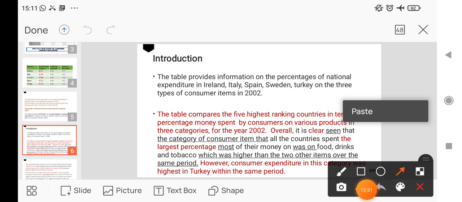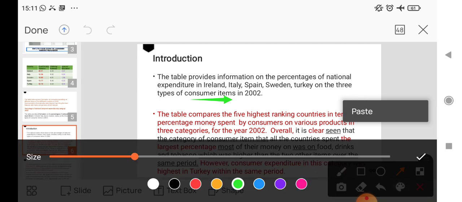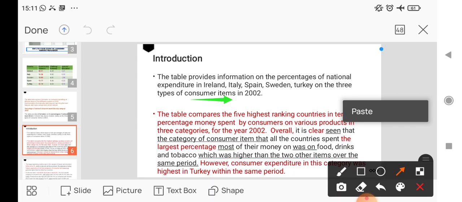Still on the paragraphs, you can see this is consumer item here. This is also another consumer item. Let's mark this blue. This is another consumer item here. Can you see? Consumer item.